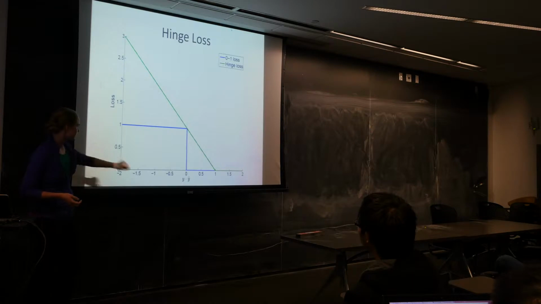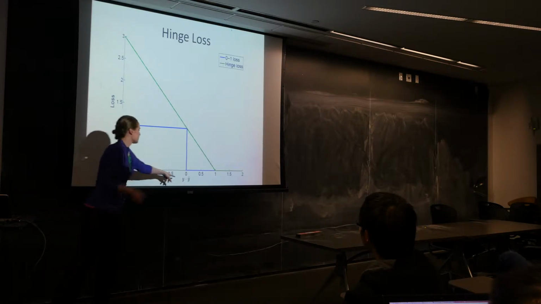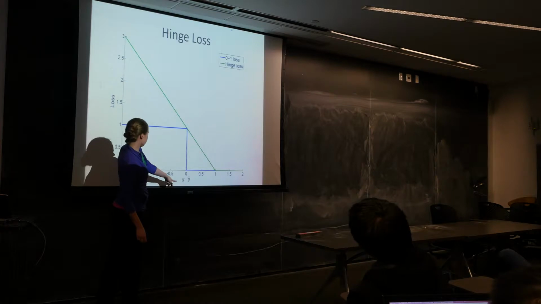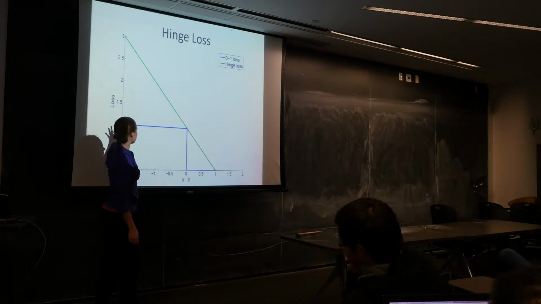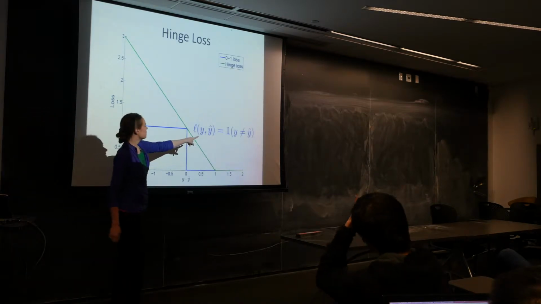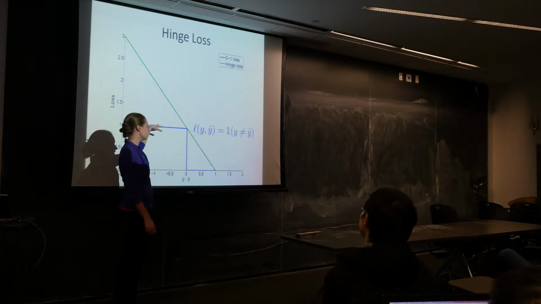Here it's actually assuming that your classes are labeled 0 and 1. So if you're looking at this product y times y hat, this is the region where they don't match up. If y does not equal y hat, the true value doesn't equal your prediction, you incur a loss of 1.